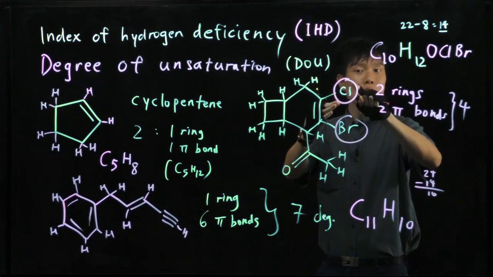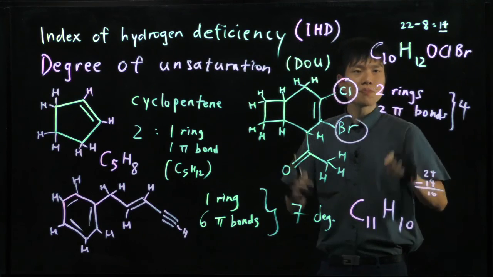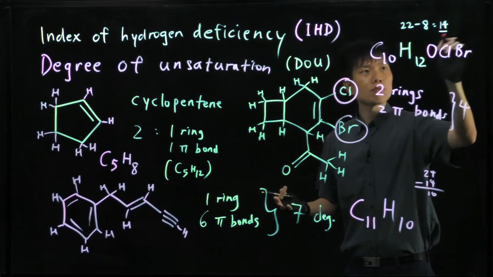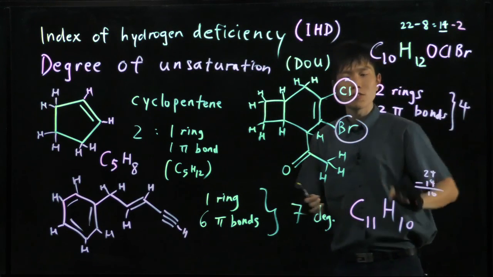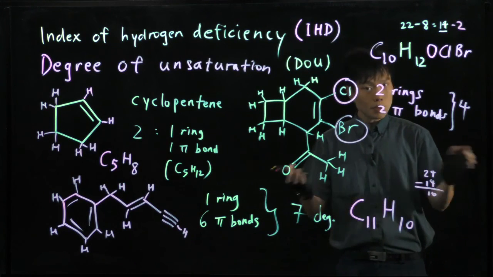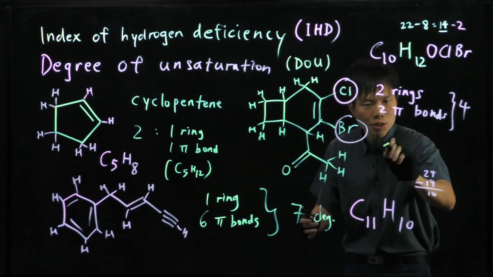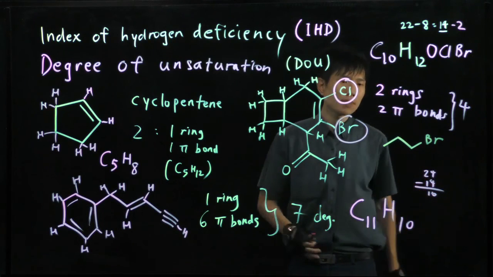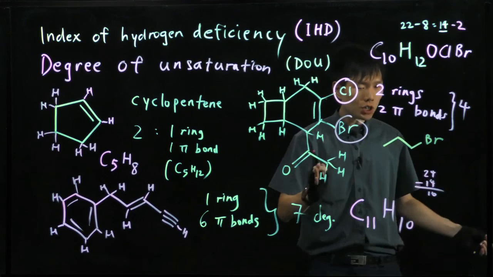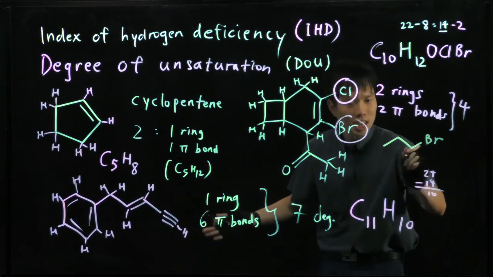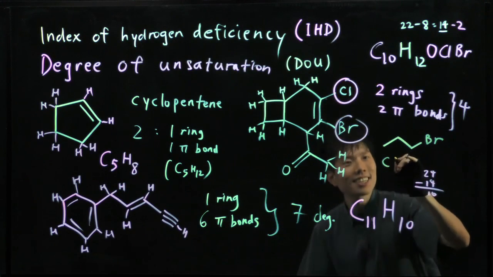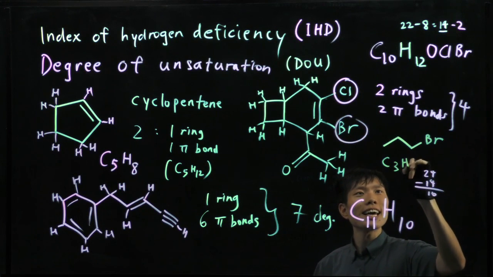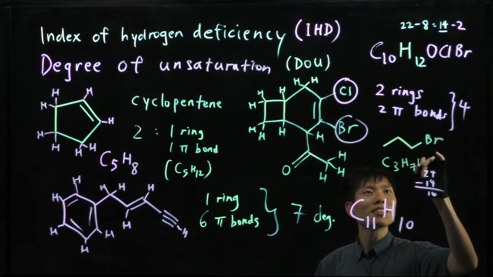So I could replace them with hydrogen and it is similar. So in this case, we subtract another 2 to get 12. Which means to say that if I look at this molecule, a bromopropane, this has 0 degrees of unsaturation because the chemical formula is just C3H7Br.